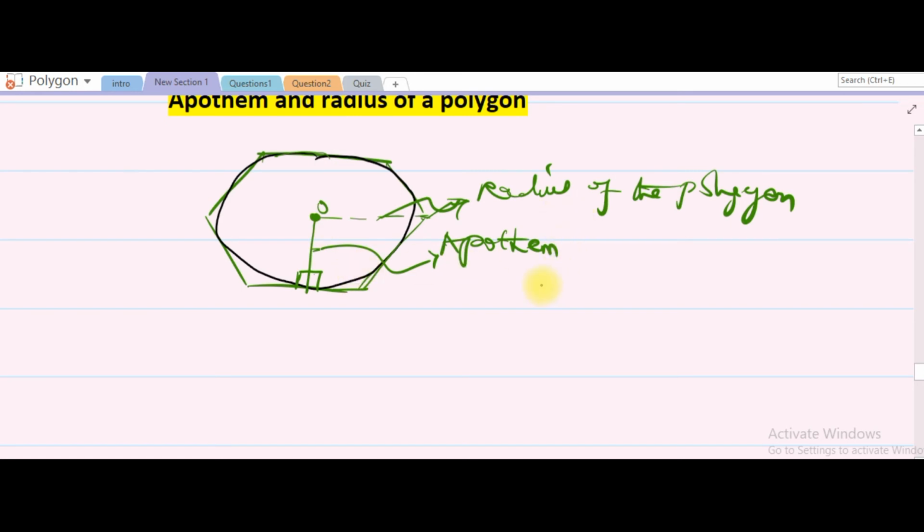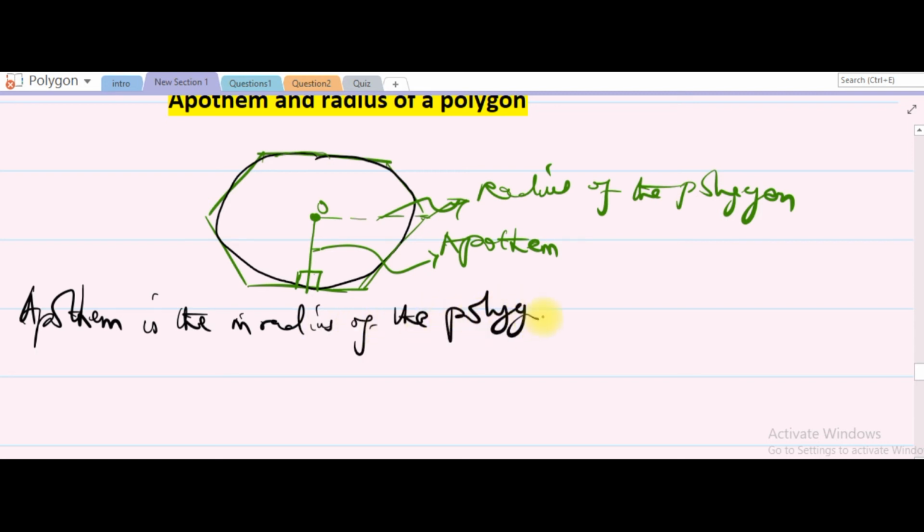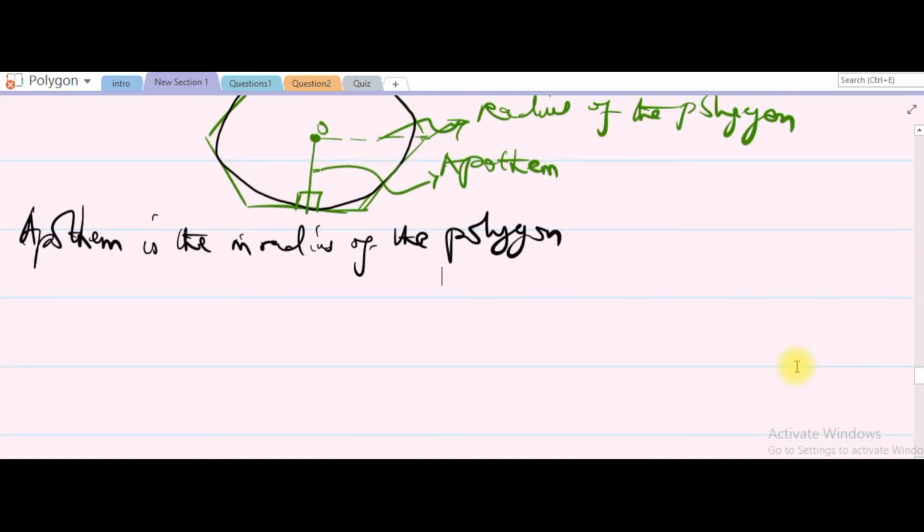So the apothem is also the inradius of the polygon, or the radius of the inscribed circle. That's the meaning of inradius.